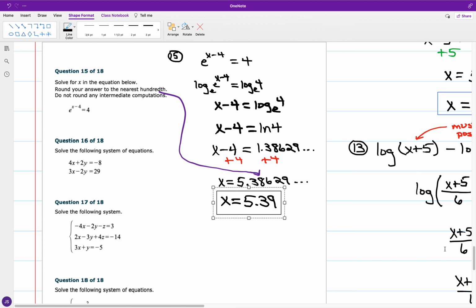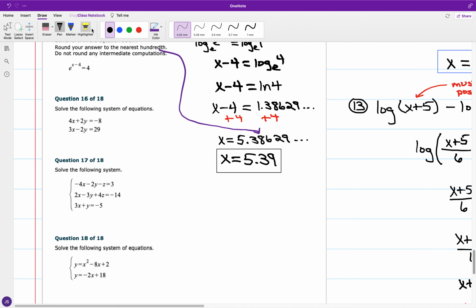Now, in the crossover, concerning systems of equations, for the determination of the values of x and y, we'll be looking for those that will satisfy the system, whereupon we have simultaneously that 4x plus 2y is equal to -8, and 3x minus 2y is equal to 29.